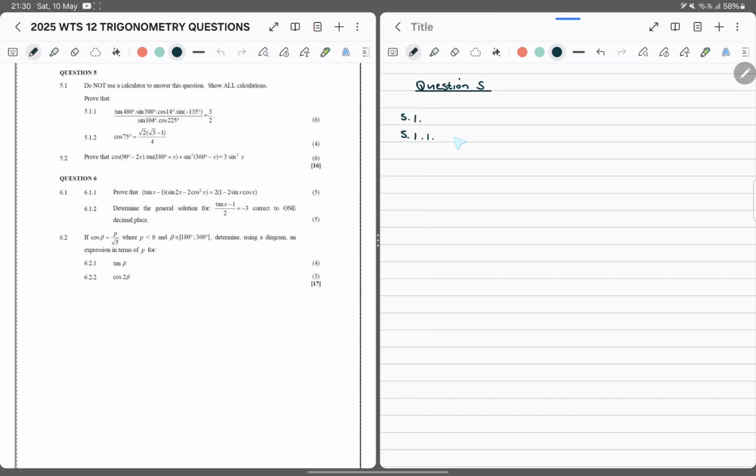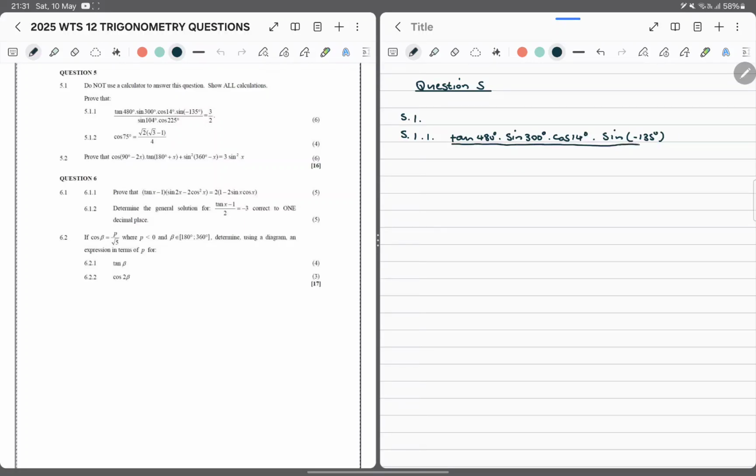So we have tan of 480 degrees times sine 300 degrees times cos of 14 degrees times sine of minus 135 degrees.